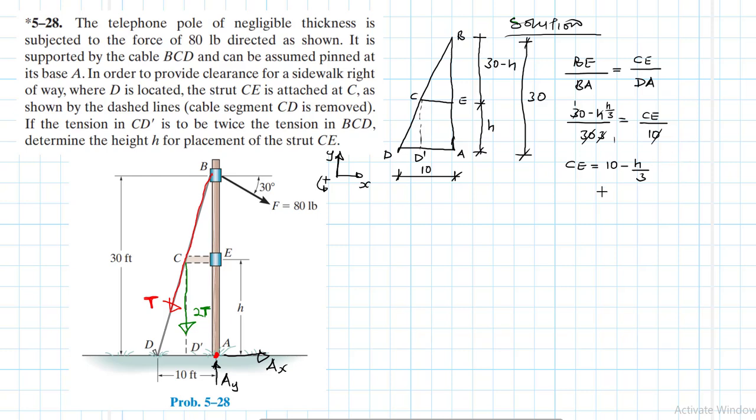And because we also need H later on, our H is going to be equal to 10 minus CE, then we multiply everything by 3.